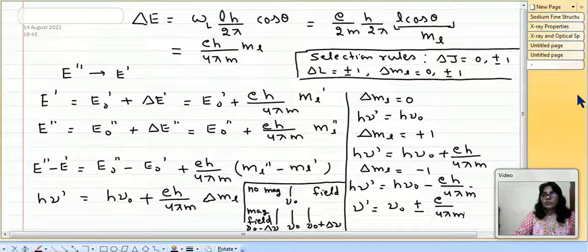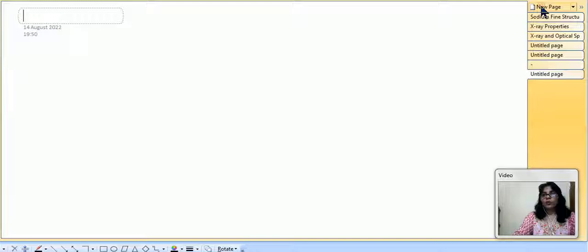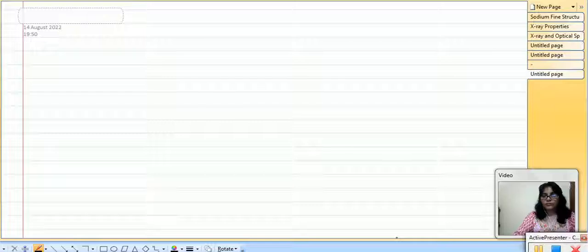Now with the normal Zeeman effect, we can also calculate the value of E by m. So how can one calculate it? Let us see this. With this knowledge, let us put another heading: calculation of E by m.